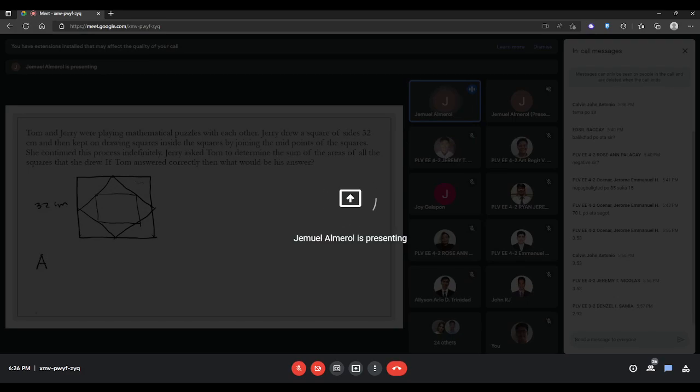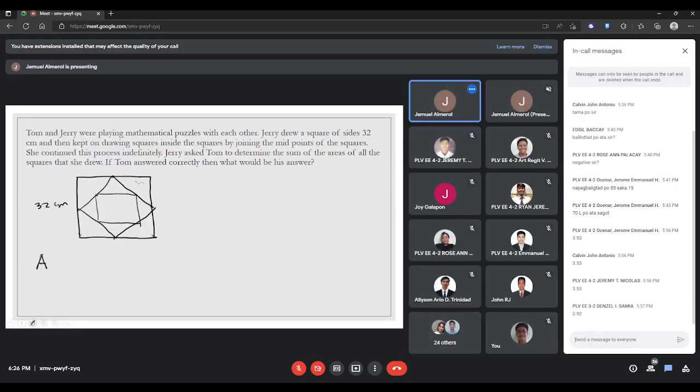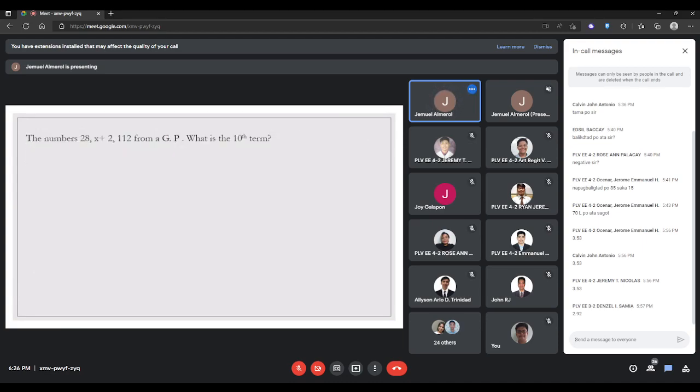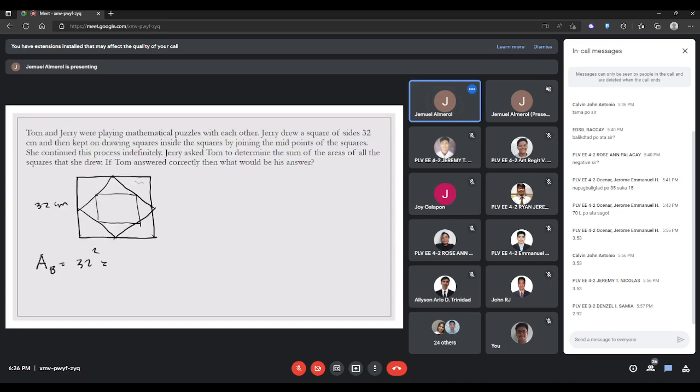Area ng biggest square is of course 32 squared. Ilan yun? 32 times 32. 32 times 32, 64 here, 96 here. 1,024. 1,024 square centimeters.